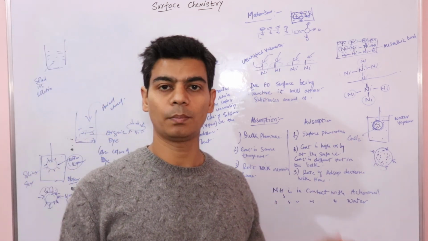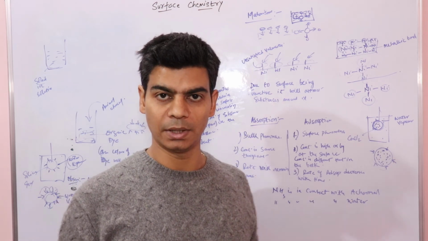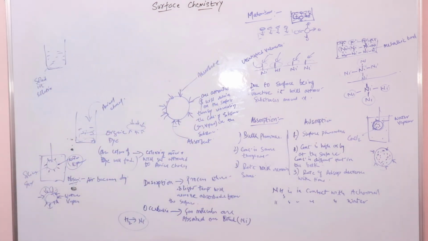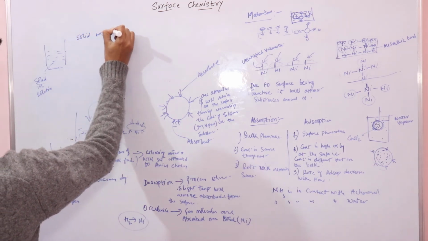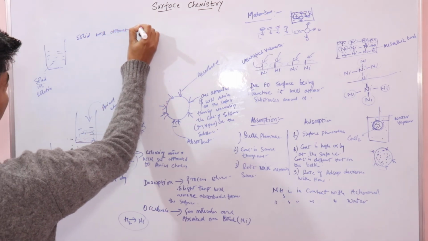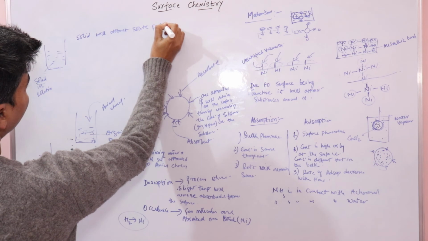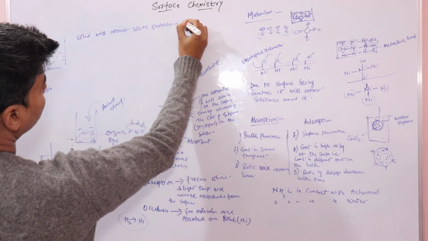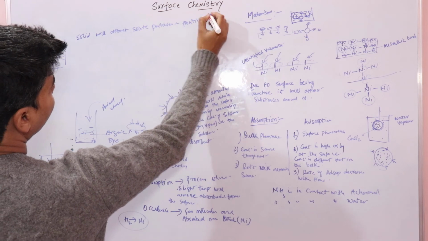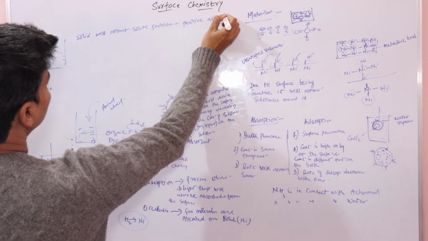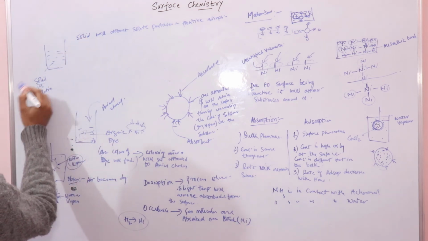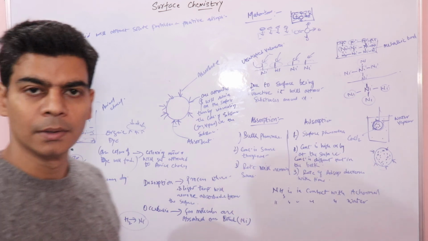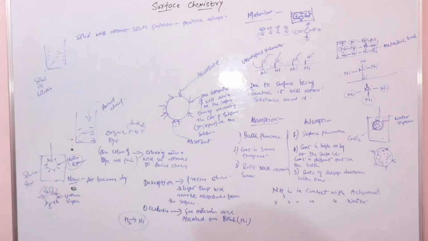So this is known as positive adsorption, when the solid will attract only solute particles, right? Whereas there might be a case when the solid will attract solvent. If the solid attracts solvent, then this is your negative adsorption.